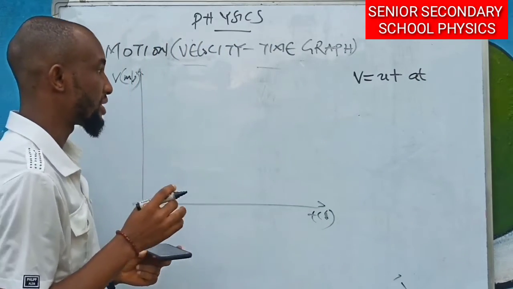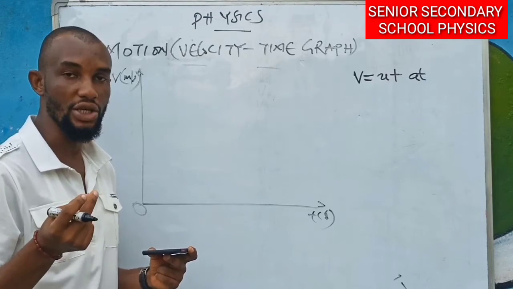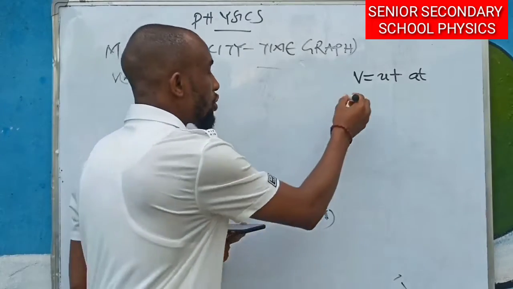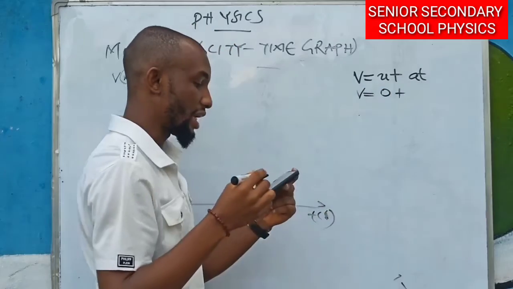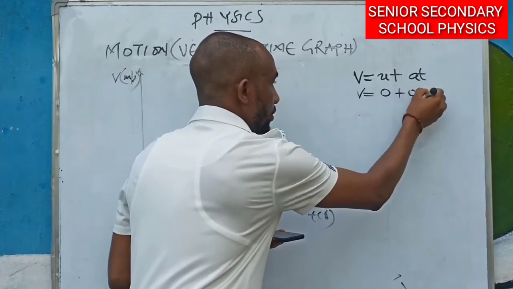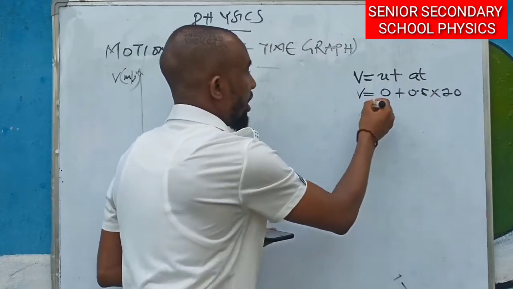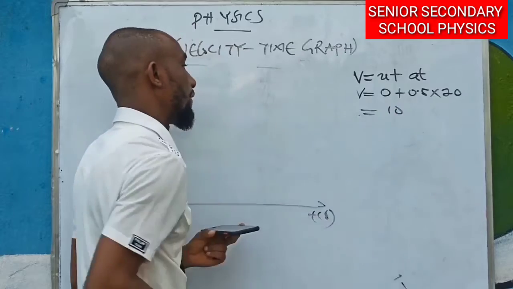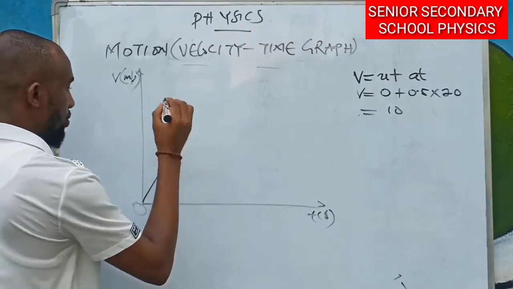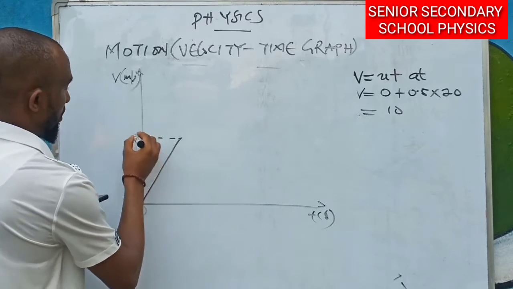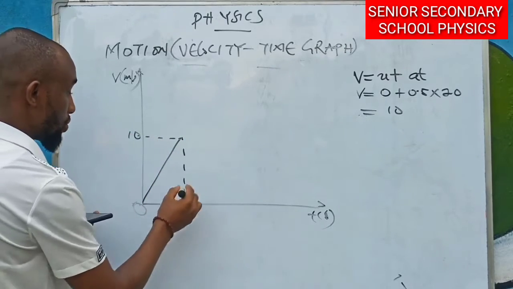Now, whenever a body starts from rest, it means that the initial velocity is 0. So we are now going to be having that v is 0 plus acceleration, which is 0.5, multiplied by the time, which is 20. And that will give us 10. So that means that from the graph, we are going to have this. This is 10. And that happened in 20 seconds.